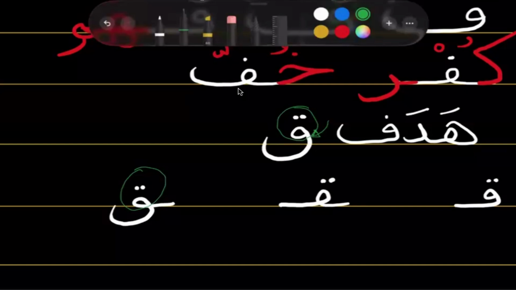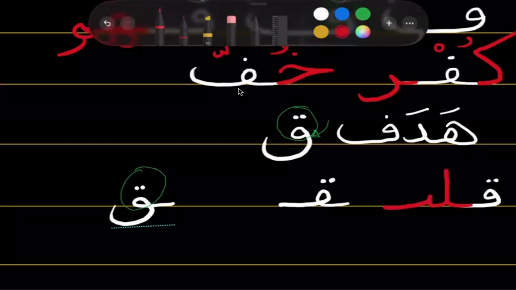Let's take some examples here. In the beginning of the word, let's take the word qalb. I was about to say qalam, but qalb I like even better because it has more religious significance. Qalb, the heart.